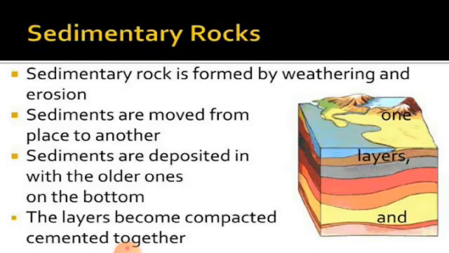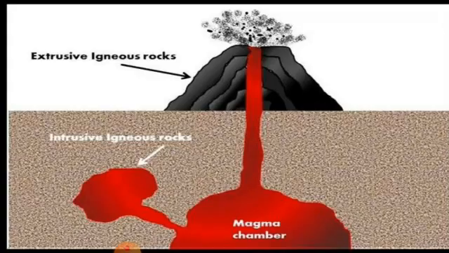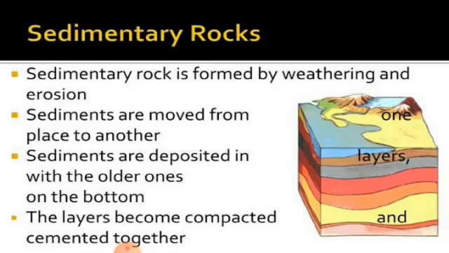These smaller sand particles are called sediments. Sorry, children. Let us first learn about sedimentary rocks. Rocks roll down, crack and hit each other and are broken down into small fragments, small particles.